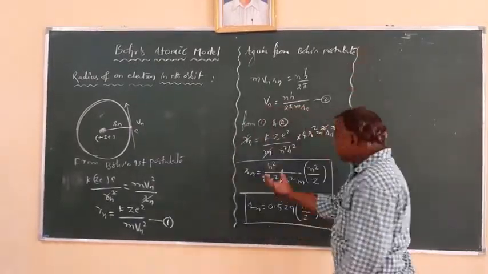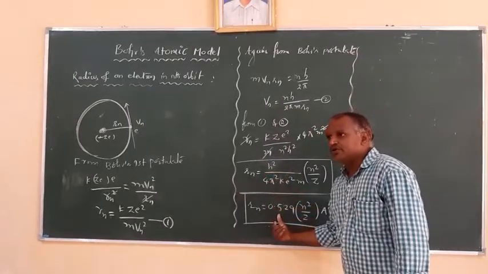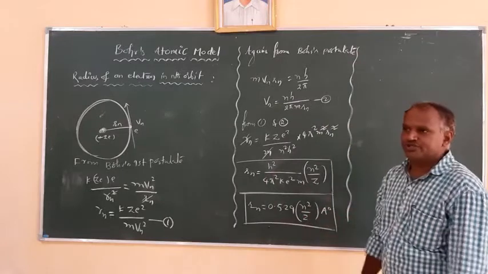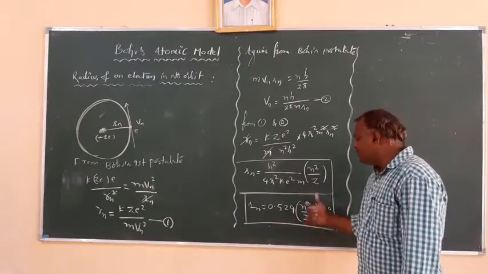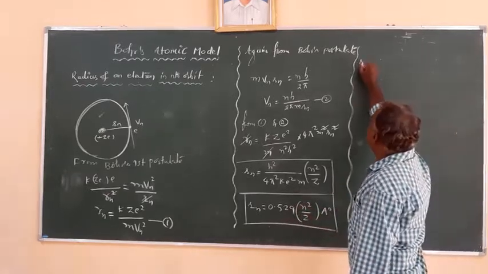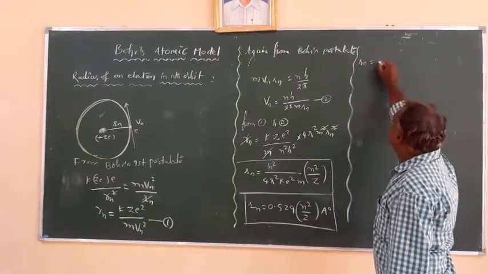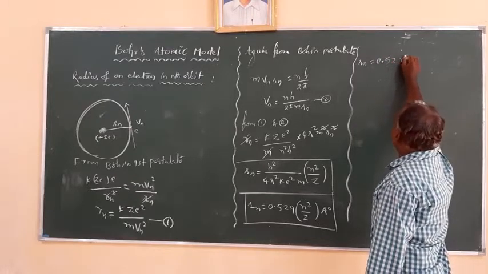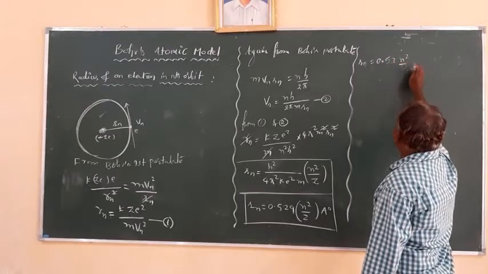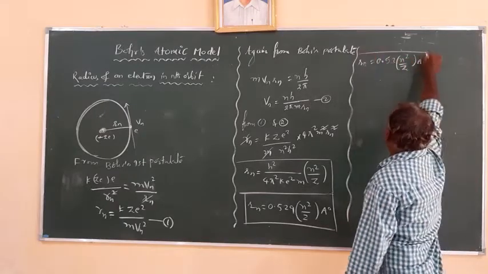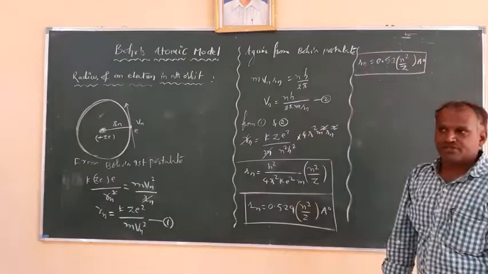So after substituting all these constant values, this equation becomes 0.529 into n square by z angstrom units. If you observe, this can be further written simply as Rn is equal to 0.53 n square upon z in angstrom units. So this is the equation for the radius, right.